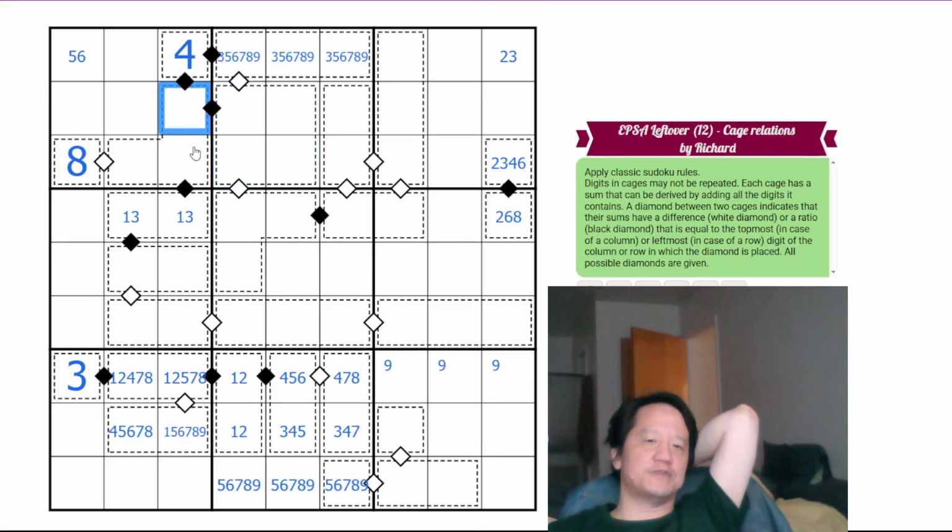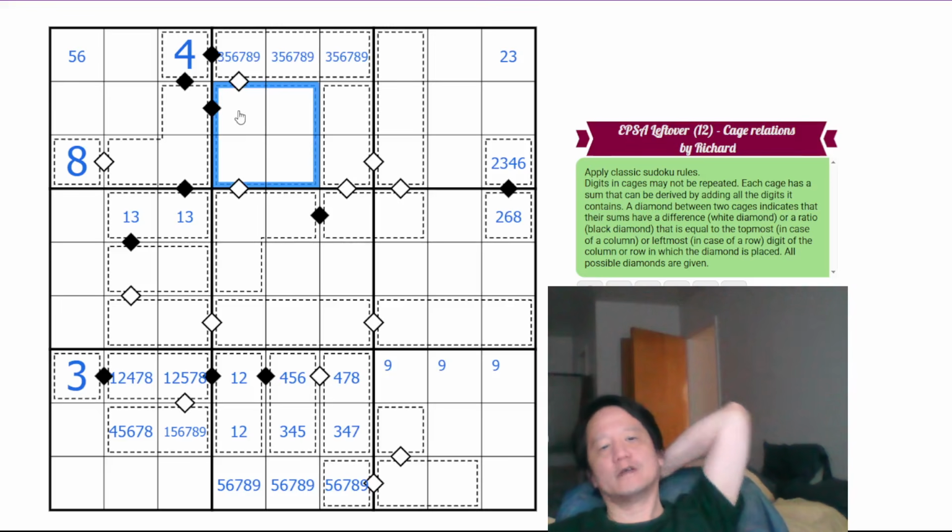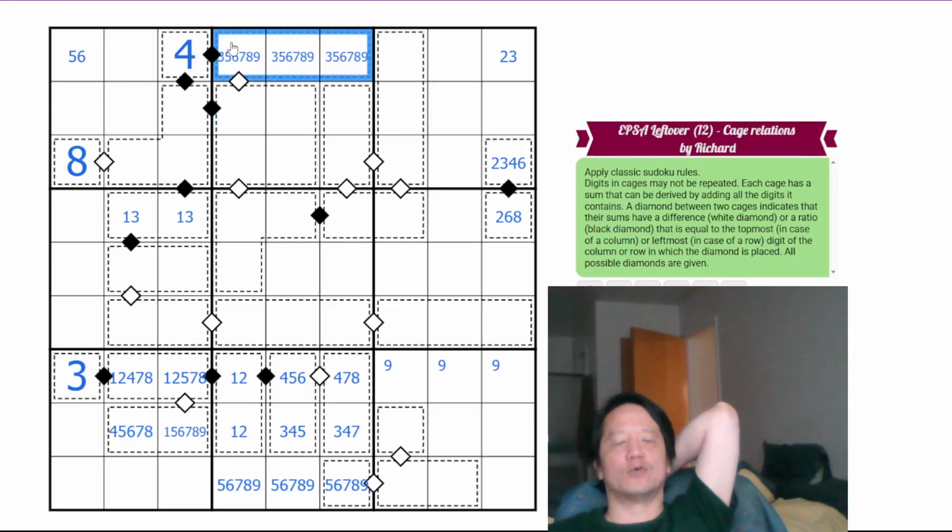Okay, so we have 16 here. 1 to 2, it cannot be 8. 1 to 1 works perfectly fine if that's 16 and 16. Then this would have to be 24 and have a difference of 8 there, which is possible.